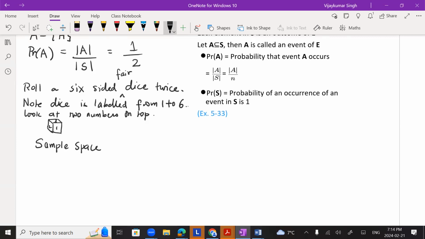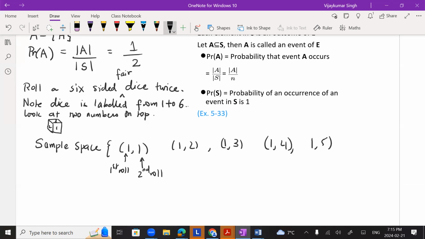If I want to list the sample space, it's going to be what? 1, 1. That means in the first roll I get 1, and this is the second roll. Make sense, right? 1, 1, then 1, 2, 1, 3, 1, 4, 1, 5, 1, 6.